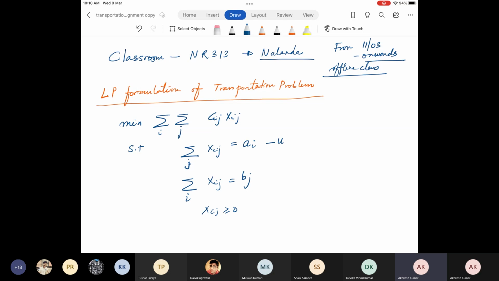Now, if I attach dual variables ui and vj with this, can you give me the dual formulation for this problem? How do we create the dual, guys?